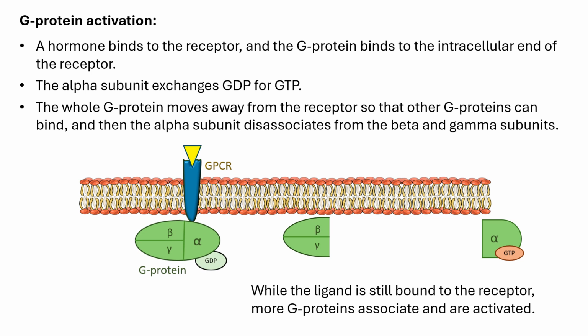While the ligand is still bound to the receptor, and because our first G protein has moved away, more G proteins can come up, associate with the receptor, and become activated. So this can carry on repeatedly and give us lots and lots inside that single cell of activated alpha subunits.